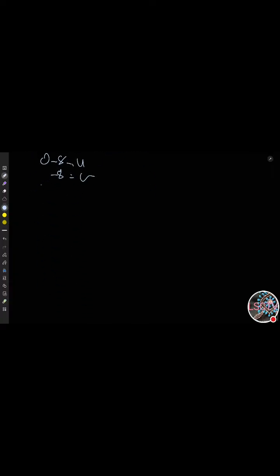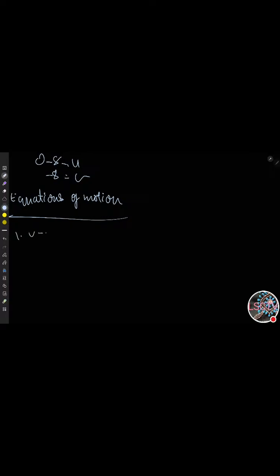Now, let us go to our favorite equations of motion. Okay, there are three equations. One is v equals to u plus at. Then s is equals to ut plus 1 by 2 at square.